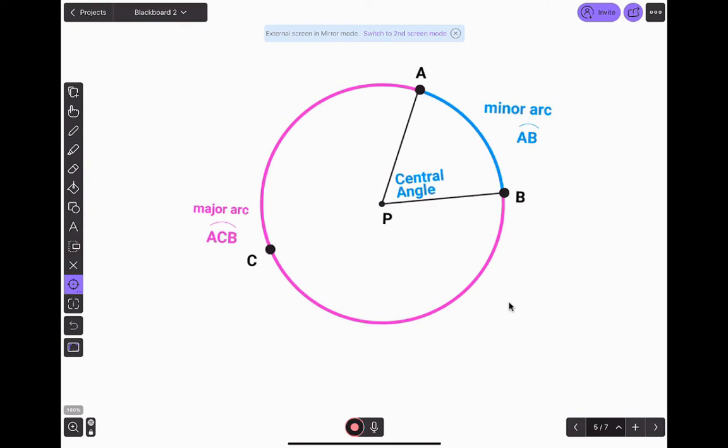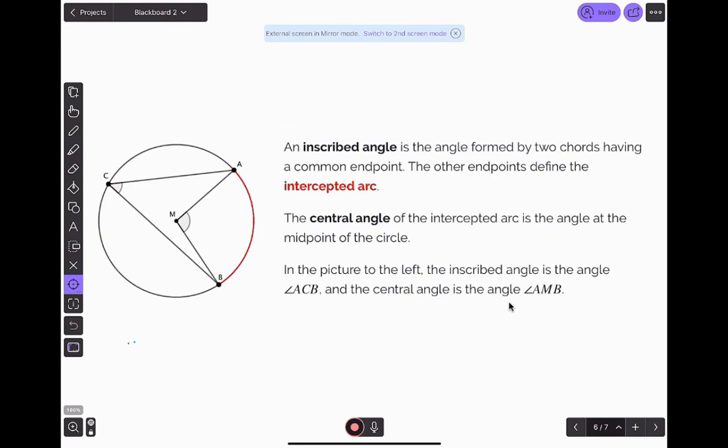Well, if you look at them, this large arc, or the major arc, also goes through point C. So the way I would distinguish the two is I would write A, C, B, and then put an arc symbol above that. That's going to be the major arc, or the arc that goes from A to B, but it's going to go through point C.